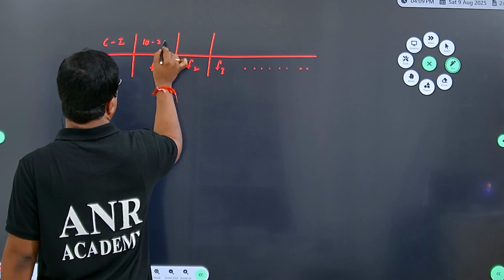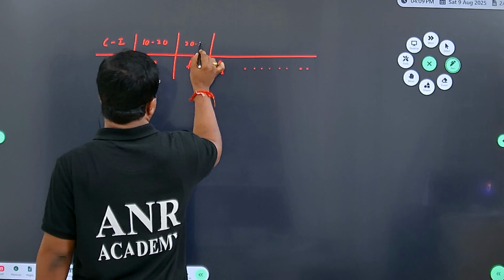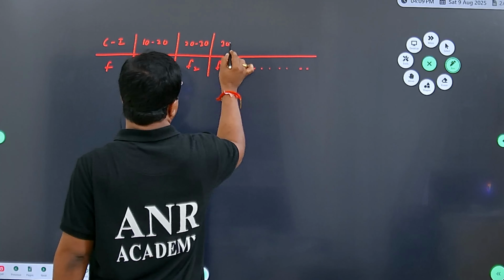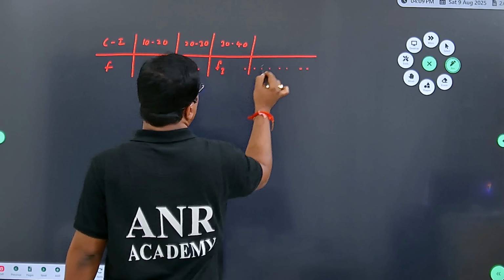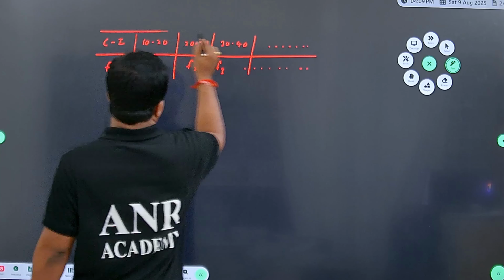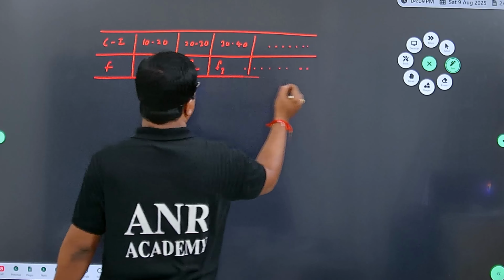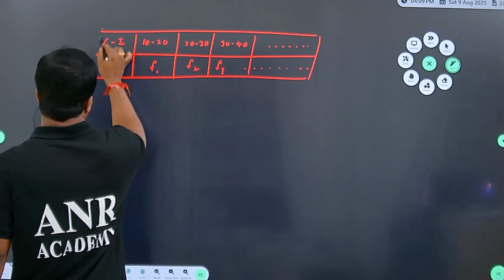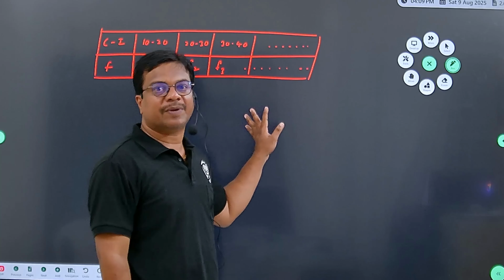Suppose 10 to 20, 20 to 30, 30 to 40 and so on. If suppose the given data is of this type, that is group data with class intervals and their corresponding frequencies.